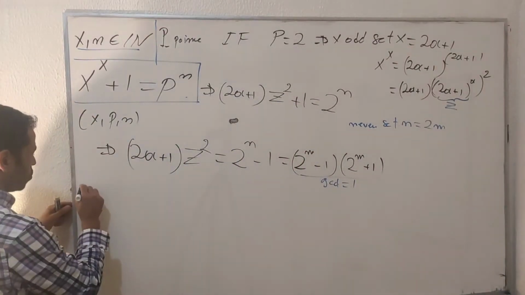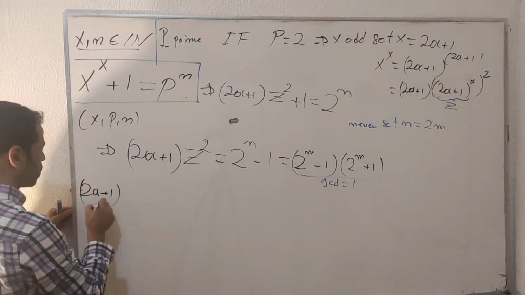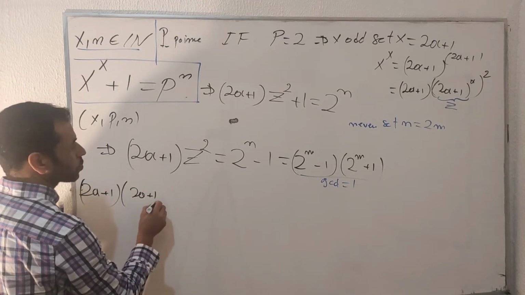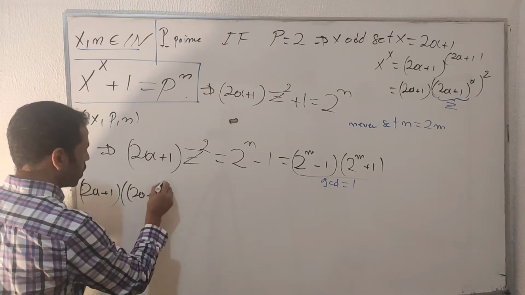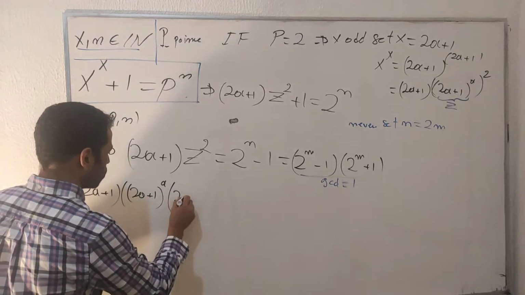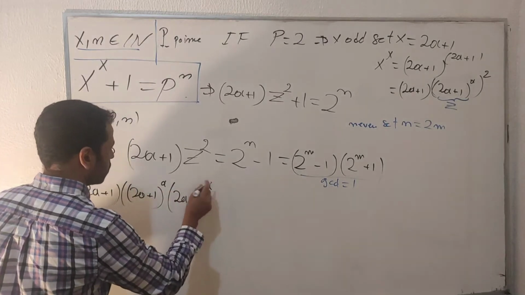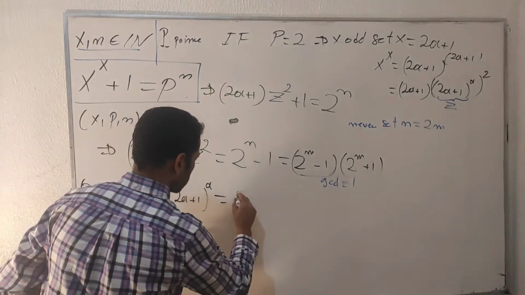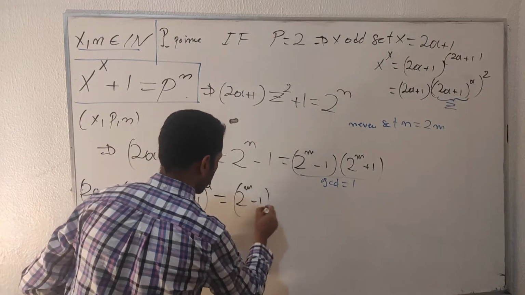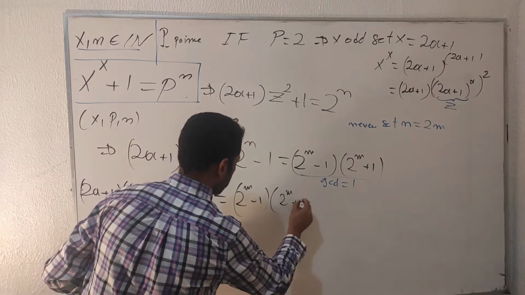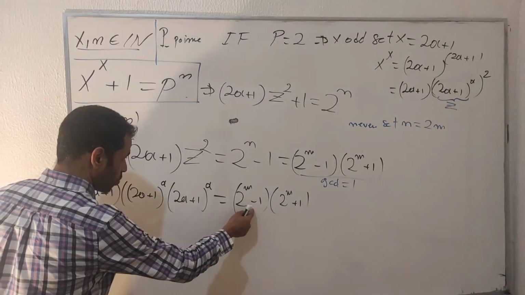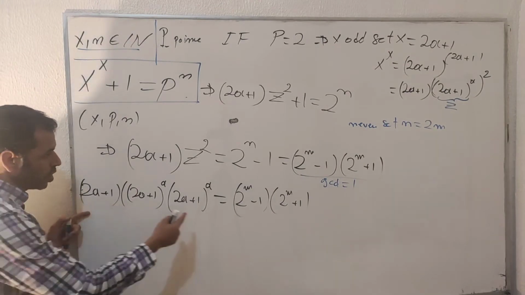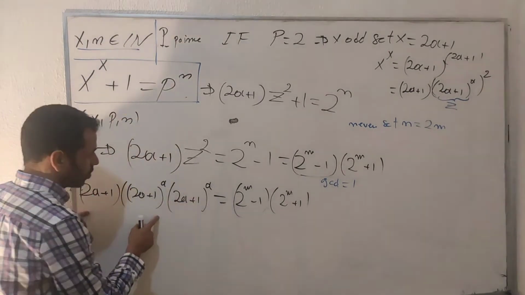So I get (2a plus 1) times ((2a plus 1) to the a) times ((2a plus 1) to the a), because we have a square here, equals (2 to the m minus 1) times (2 to the m plus 1). The smallest value on the right is going to take the smallest value from the left-hand side of this equation, and the biggest value is going to take the biggest value.